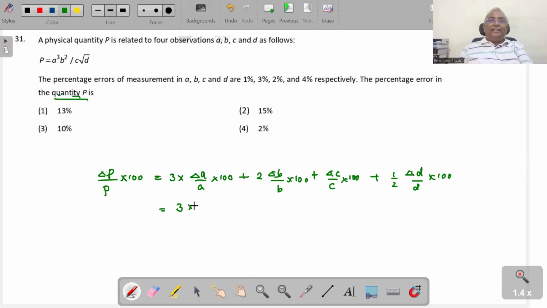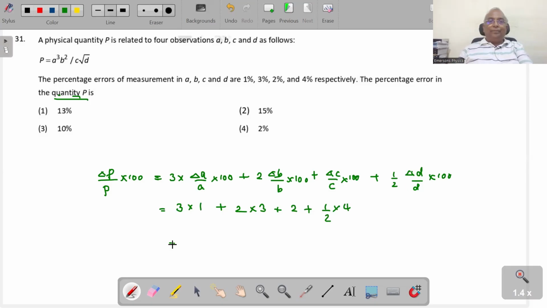3 into del A by A is nothing but 1%, plus 2 into del B by B is 3%, into 3, plus del C by C is 2%, plus half into del D by D is 4%.